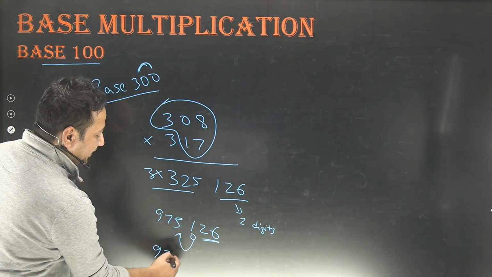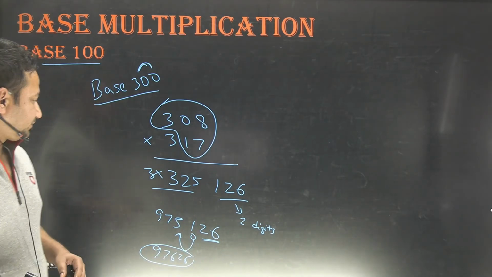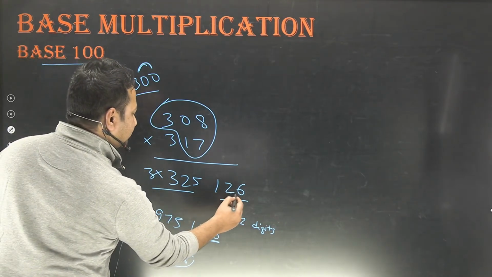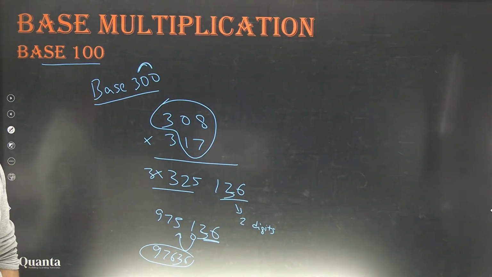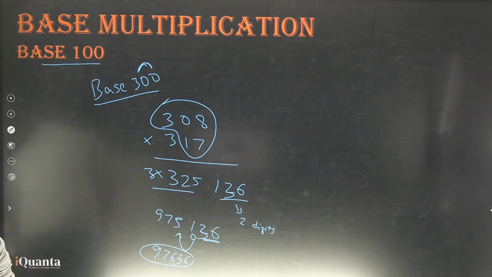So we will get 97636. Is this clear to everyone? No problem? Crystal clear? Perfect.